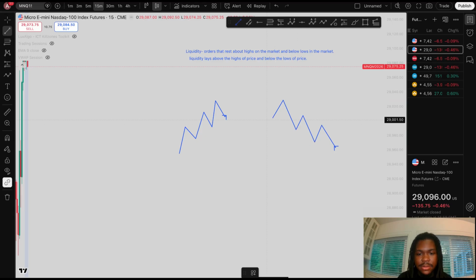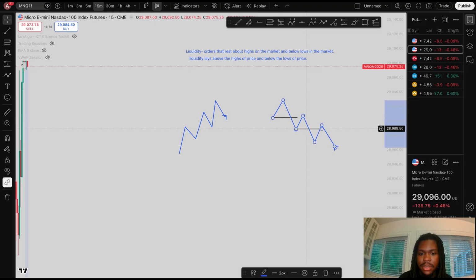Liquidity rests below these lows, below this low, below this low. And what does market tend to do when it sweeps liquidity under these lows? It tends to retrace. It sweeps, retraces, goes back up. Sweeps, retraces, and goes back up because orders are being filled from those retail traders, from those investors that are looking to catch the best prices to invest their money.